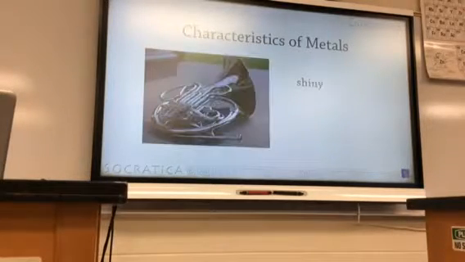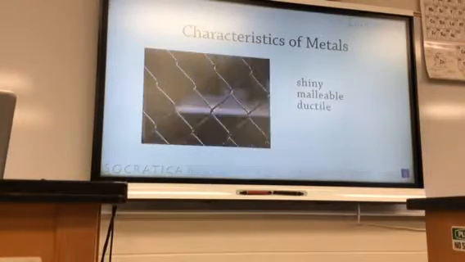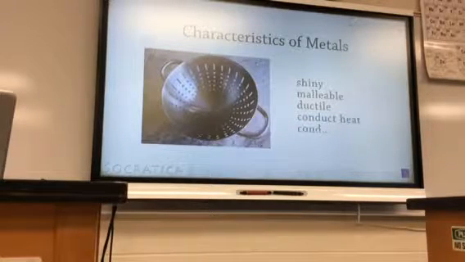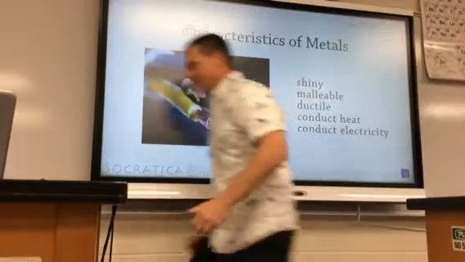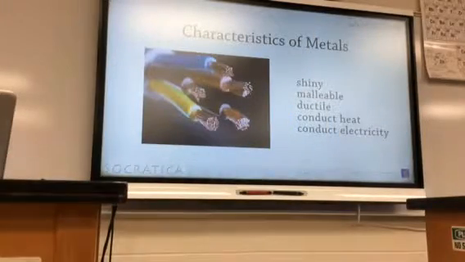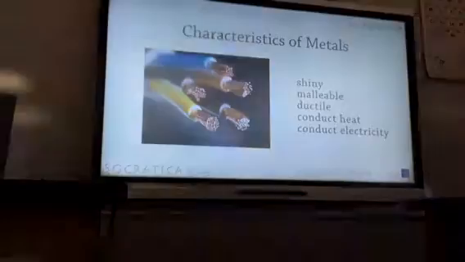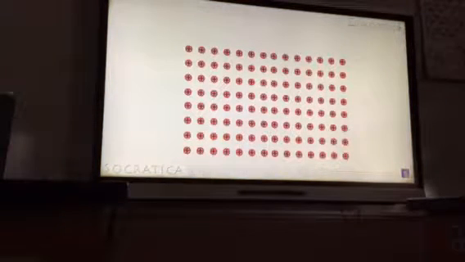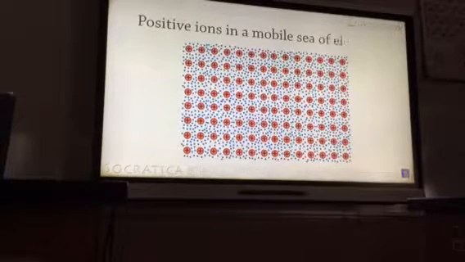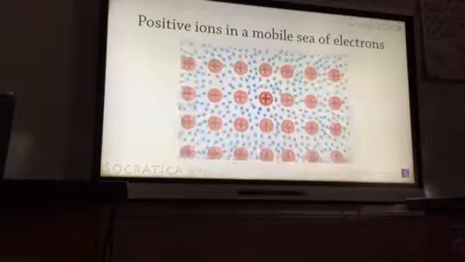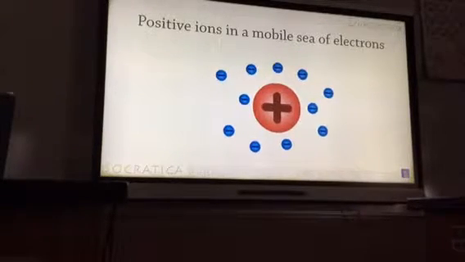Metals are shiny, malleable, ductile, and good conductors of heat and electricity. The structure of metals and the nature of metallic bonds explains some of these typical features. Metals are made up of positive ions closely packed together in crystalline solids. The positive ions are surrounded by a mobile sea of electrons. These valence electrons are free to move away from their atoms of origin.